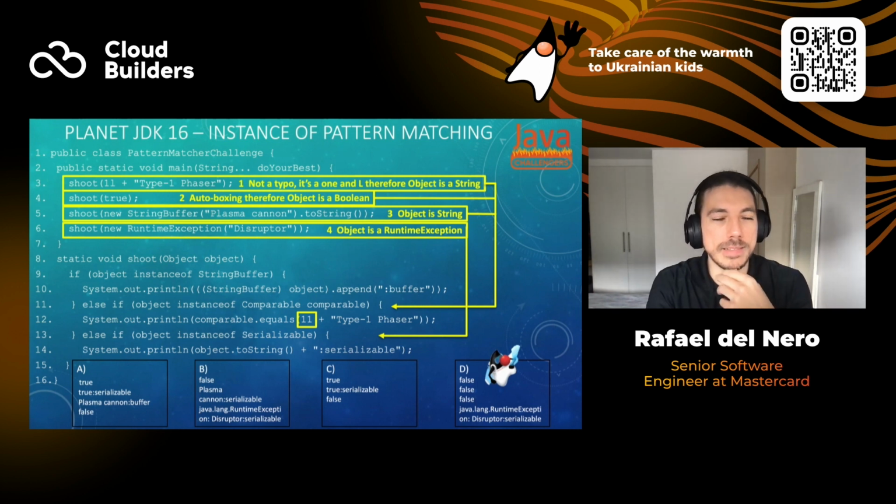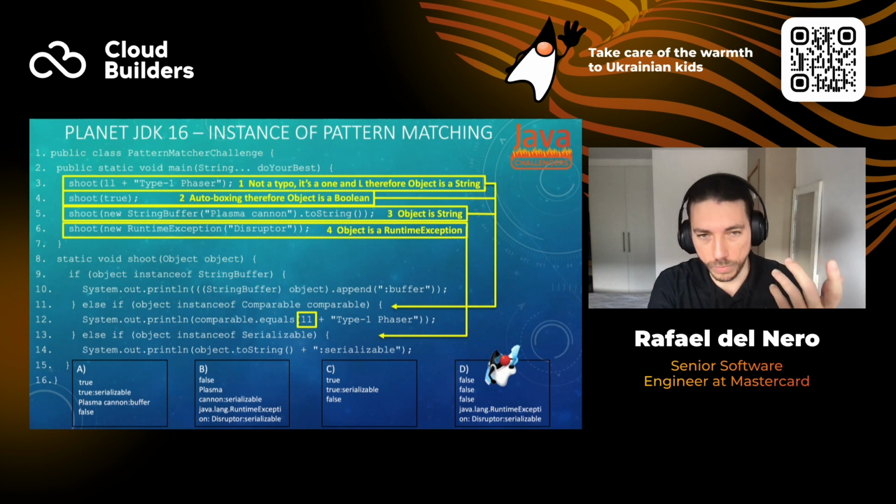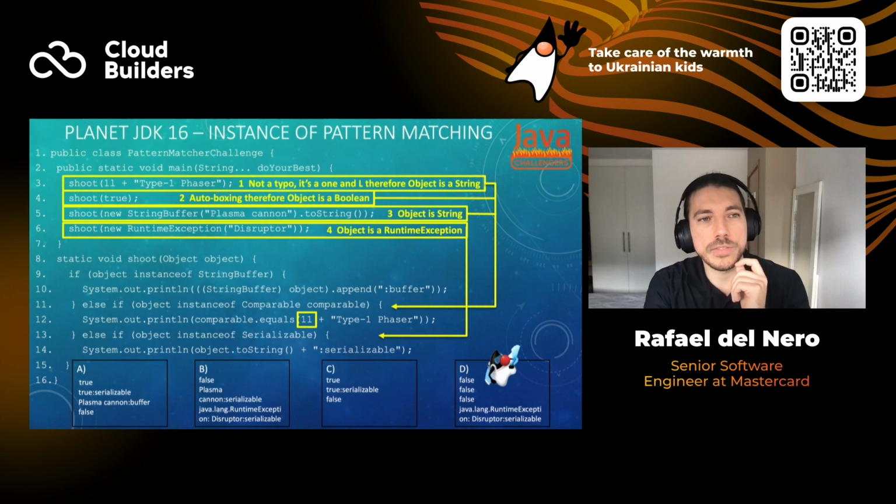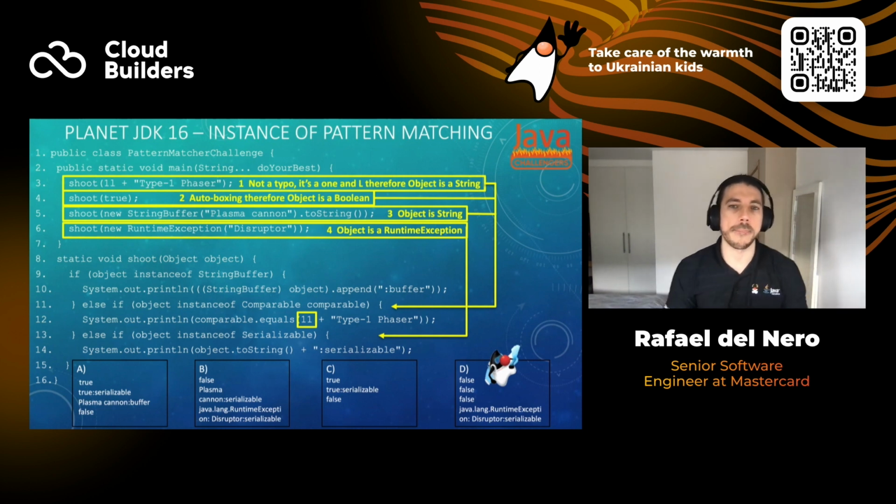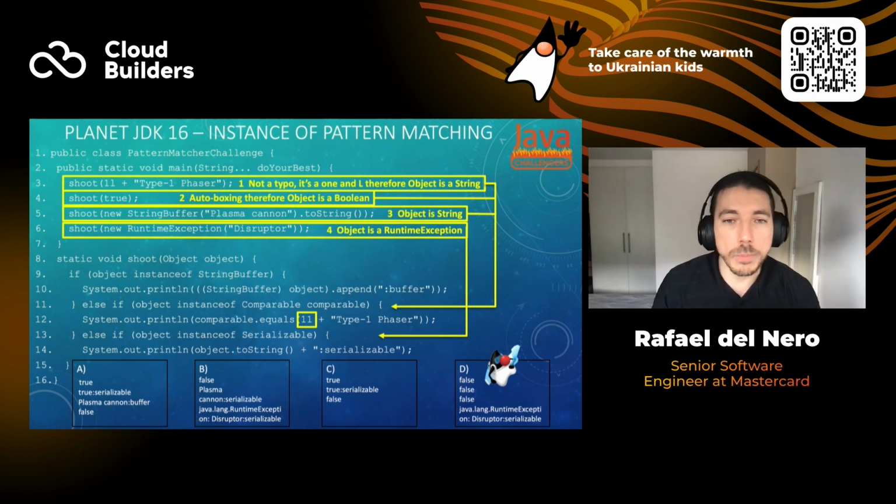And what happened is that when you concatenate a string with a long, it's gonna become a string. And a string implements comparable. That is gonna fall into the comparable. When we pass true to a method that receives an object, of course it will be auto-boxed to a Boolean, and Boolean implements comparable.